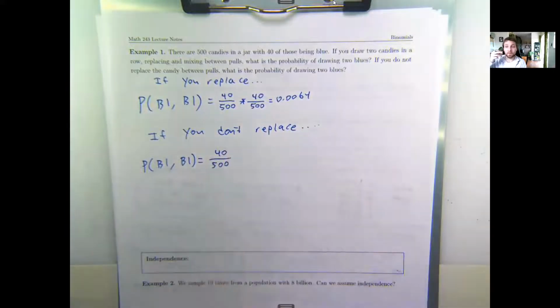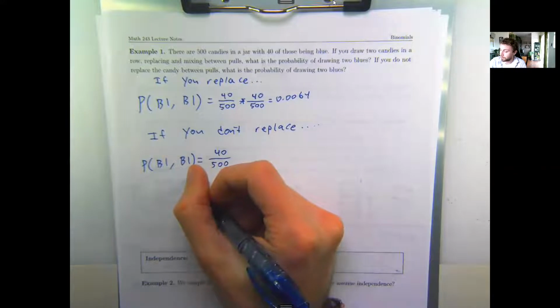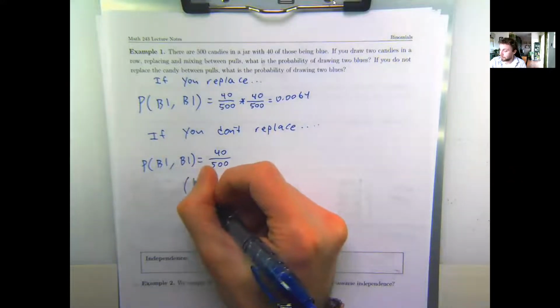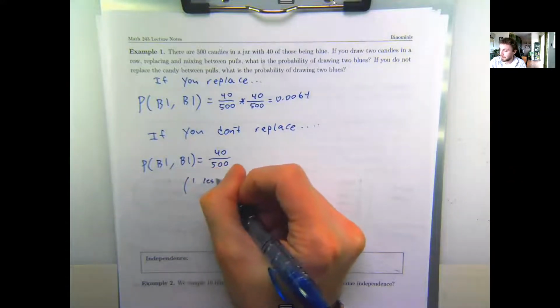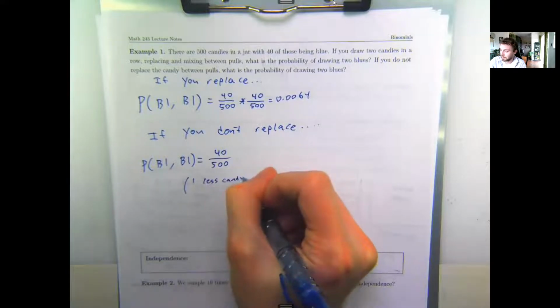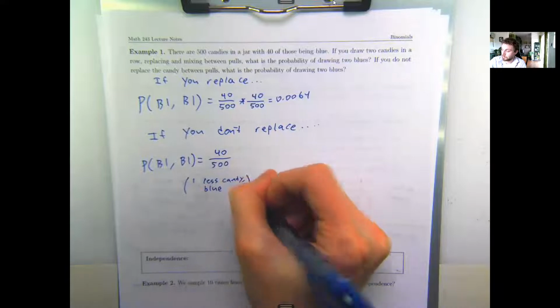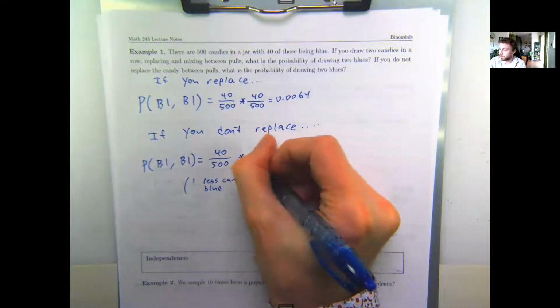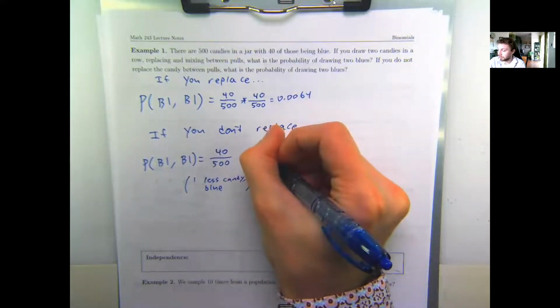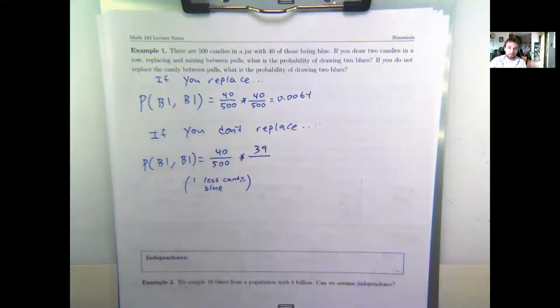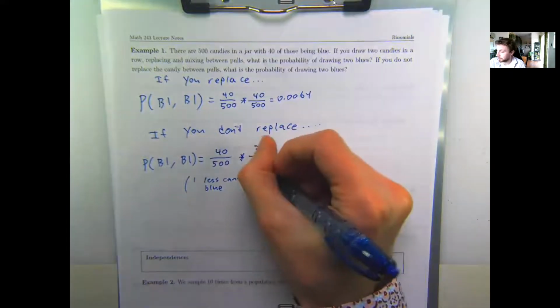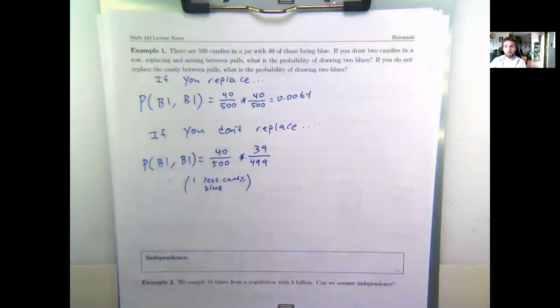But when you remove this candy, if you don't put that back in, you're going to have one less candy. And that candy in particular was blue. So for this next probability, it would be 39 blue, one less, and 499 candies, one less there as well.